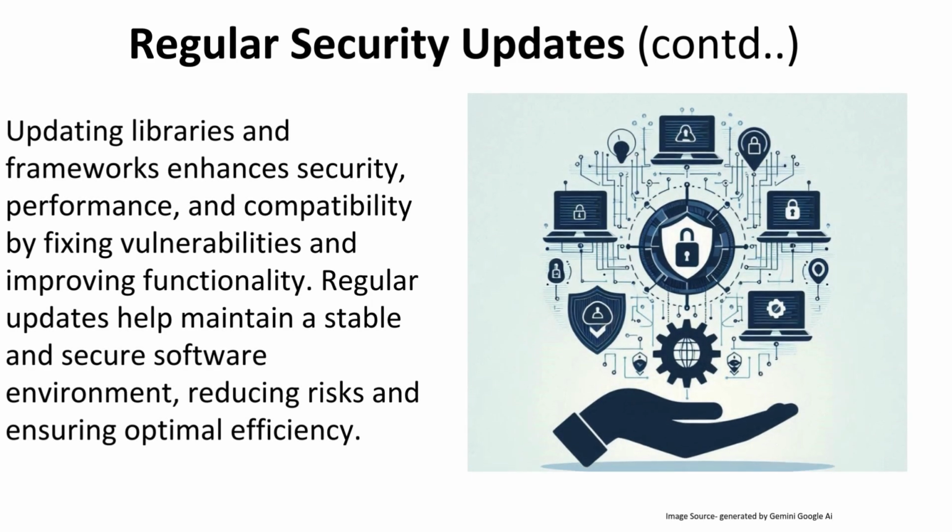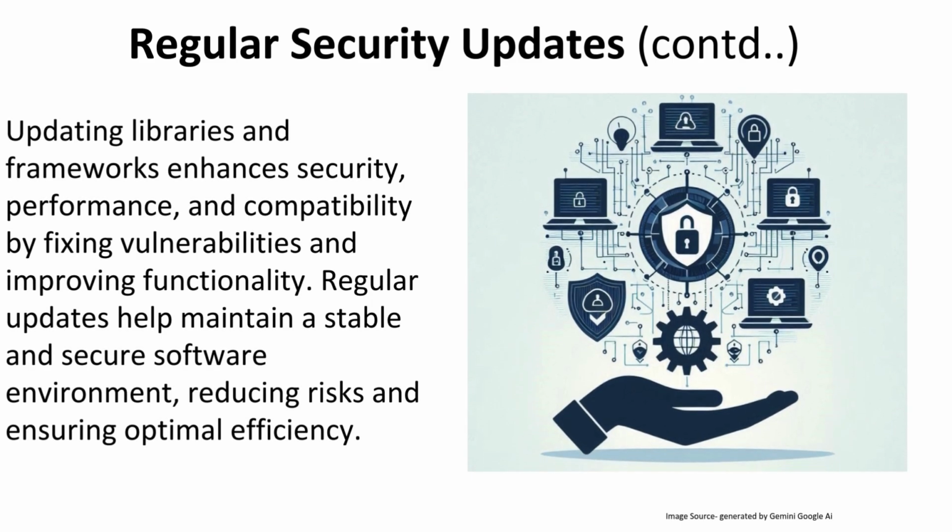Updating libraries and frameworks enhances security, performance, and compatibility by fixing vulnerabilities and improving functionality. Regular updates help maintain a stable and secure software environment, reducing risks and ensuring optimal efficiency. So we can get optimal efficiency by regular security updates.